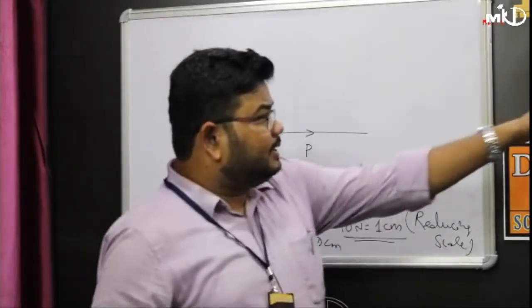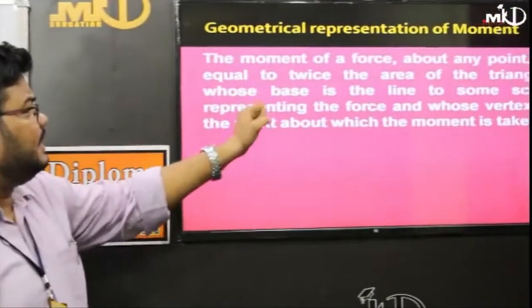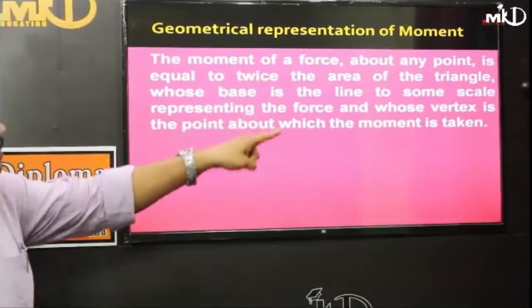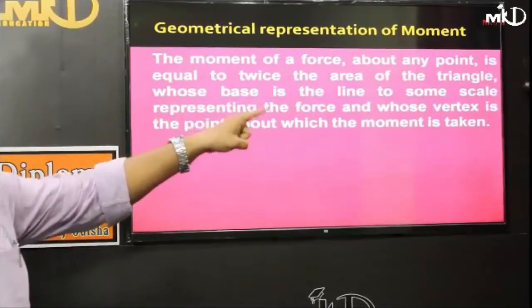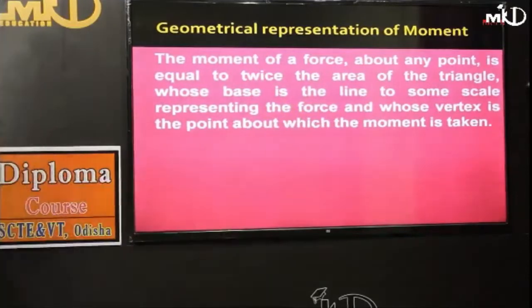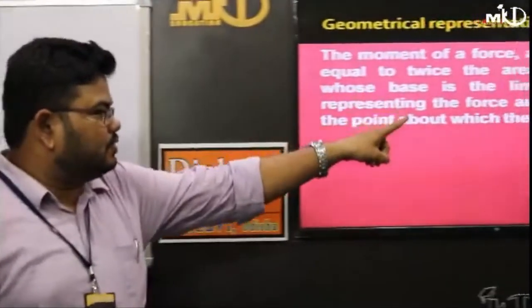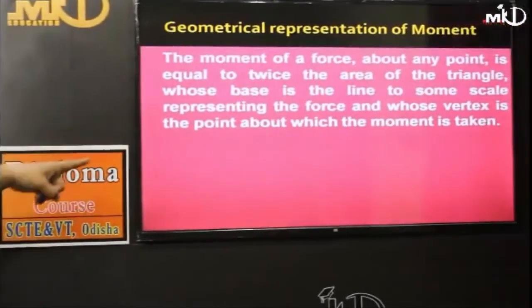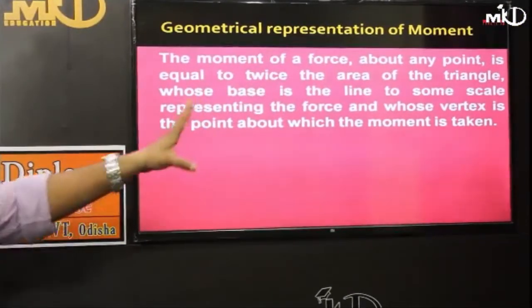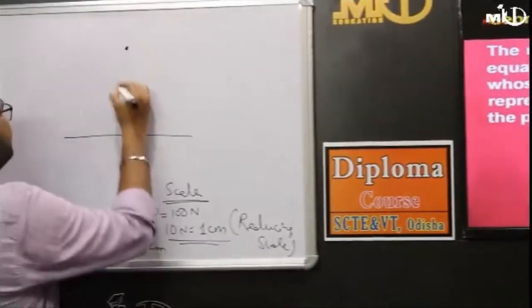Here it is written that the moment of force about any point is equal to twice the area of the triangle whose base is the line to some scale. This base represents the force, and the vertex is the point about which the moment is taken. I have drawn only the force, so let me take a vertex.